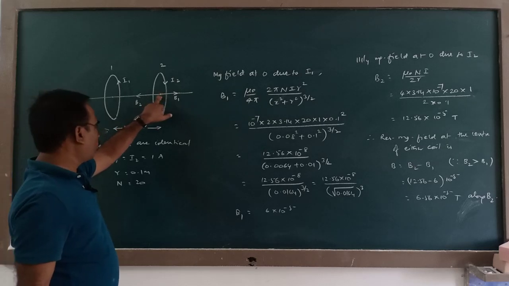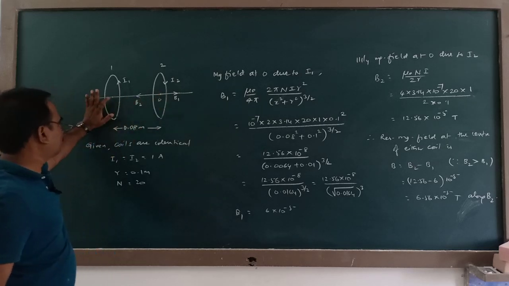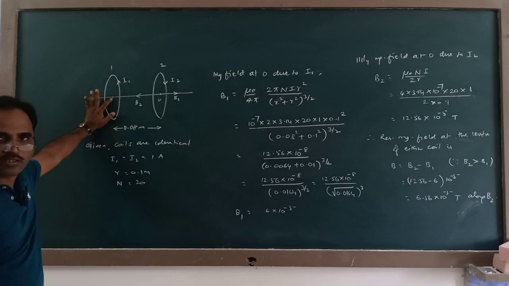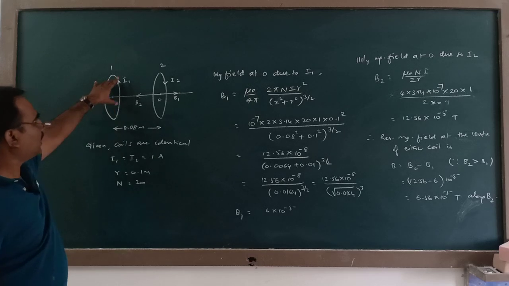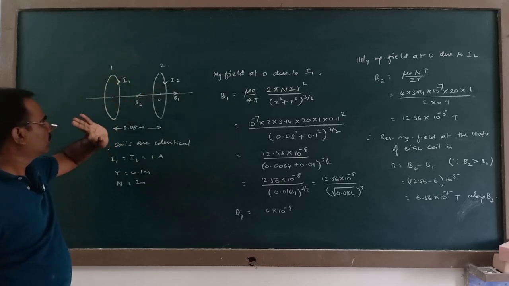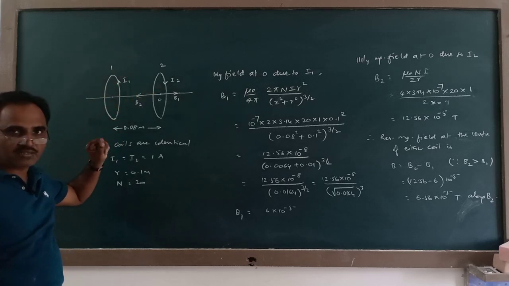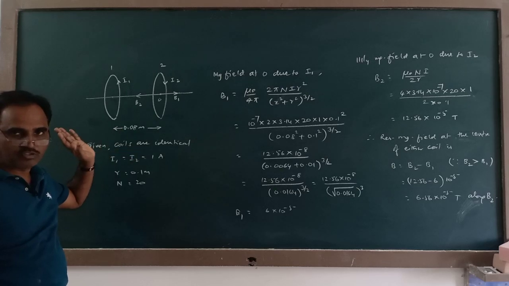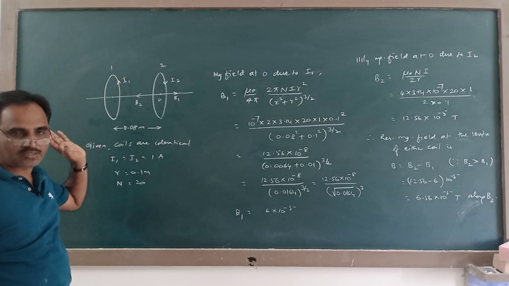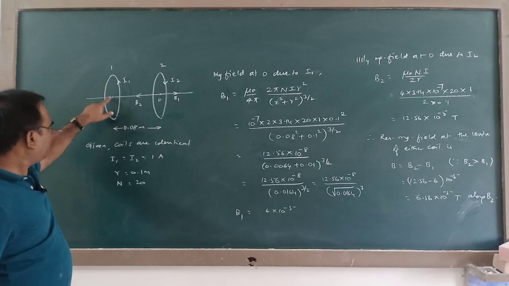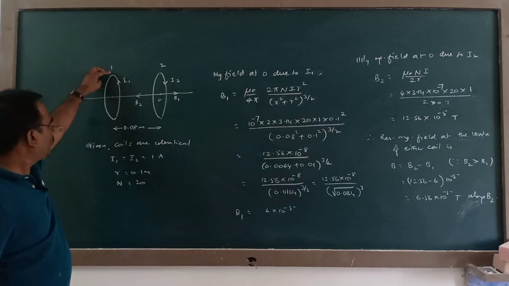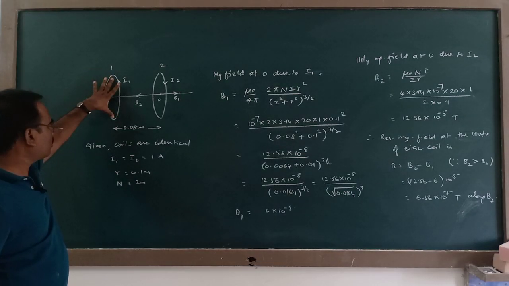Instead of taking the point O here, you can also take it here. Center of either coil. Then B1 will become stronger than B2. Because you know that field at the center is always maximum compared to any point on the axis. So if I take the point O here, due to the current I1 the field will become stronger.